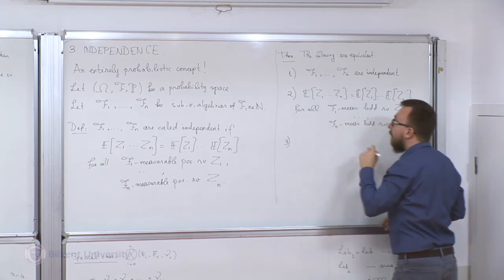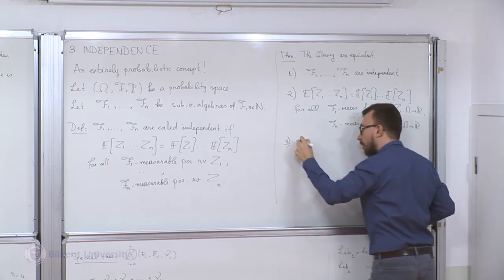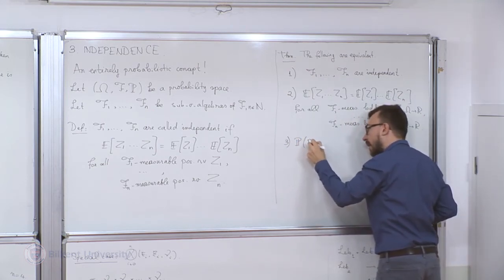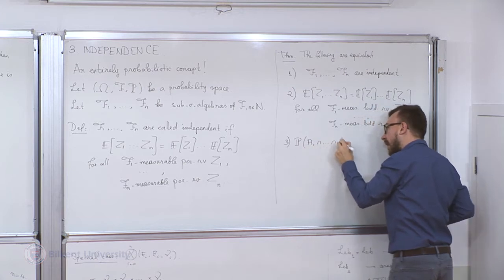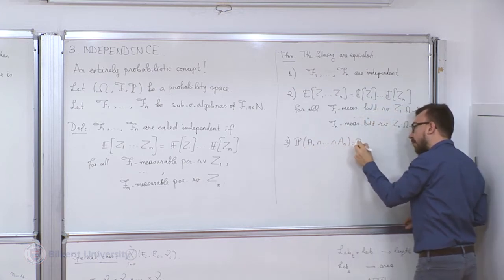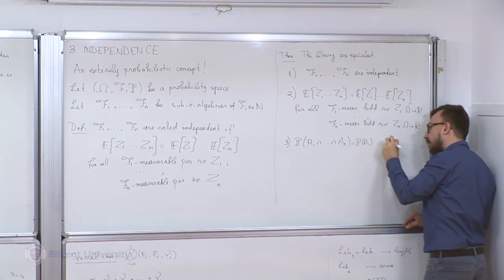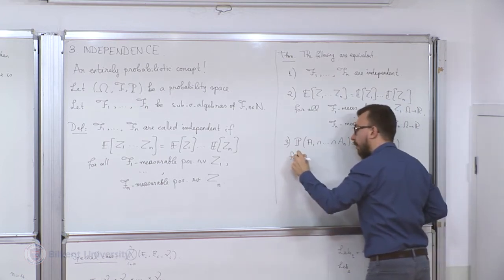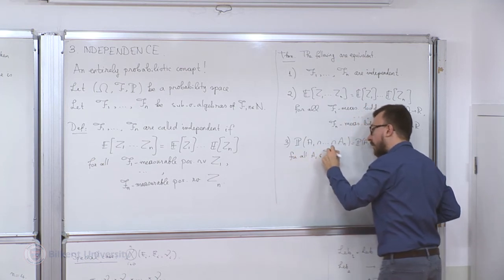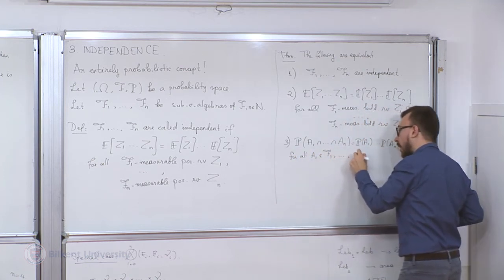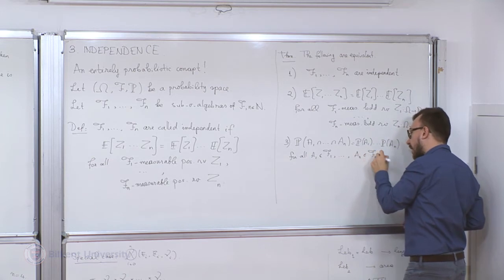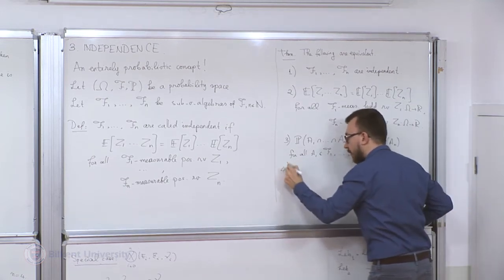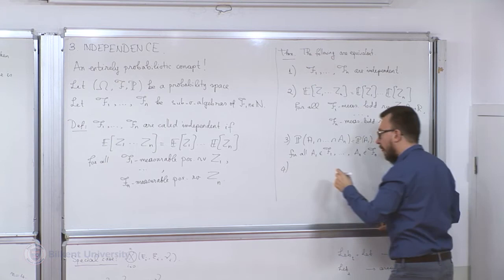Number three is the definition in the exam. So you have A1 intersection An, the probability is the product of the probabilities of the individuals, for all A1 in F1, An in Fn. And there was a version with pi systems.